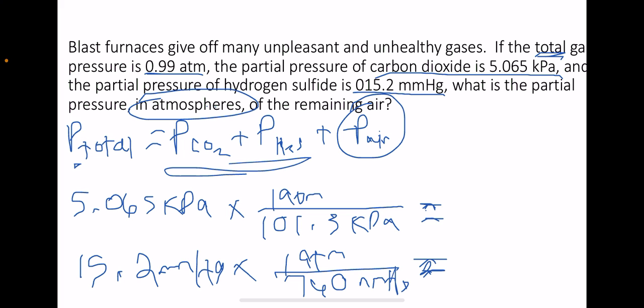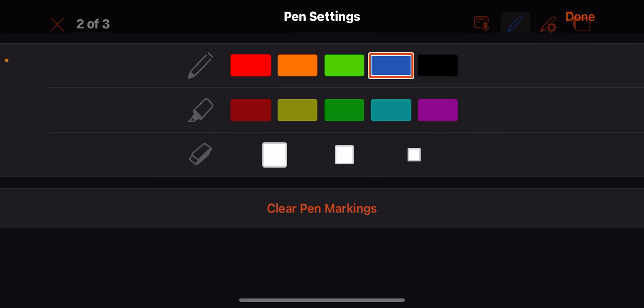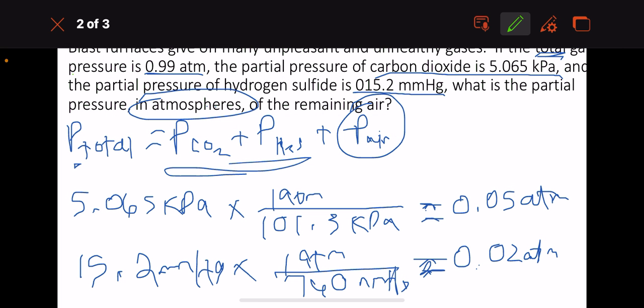This first one here is going to be 0.05 atmospheres. And the second one, if we take 15.2 divided by 760, we get 0.02 atmospheres. So we're just going to plug everything into that equation up here, this one.